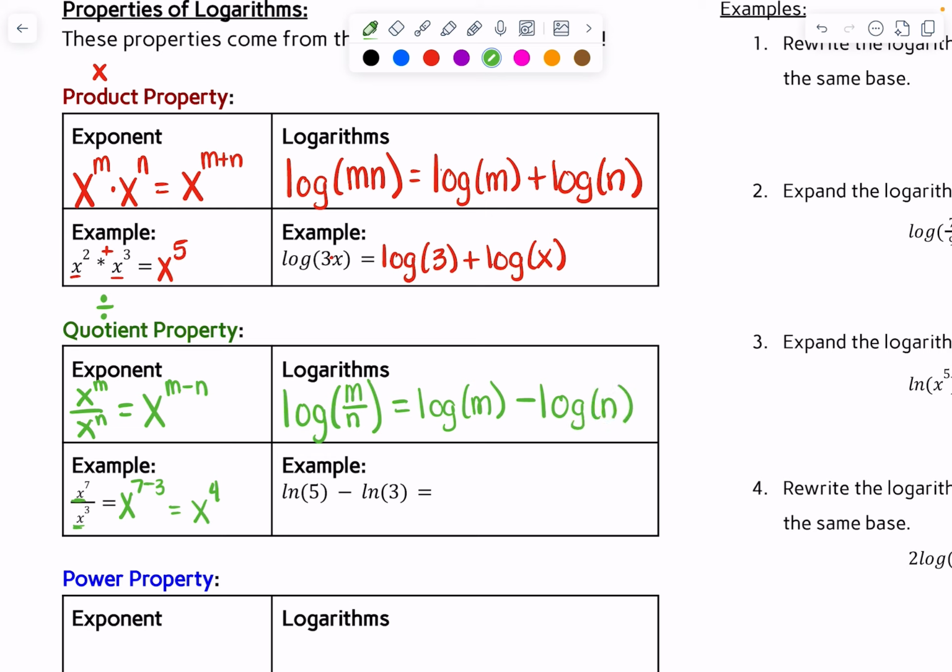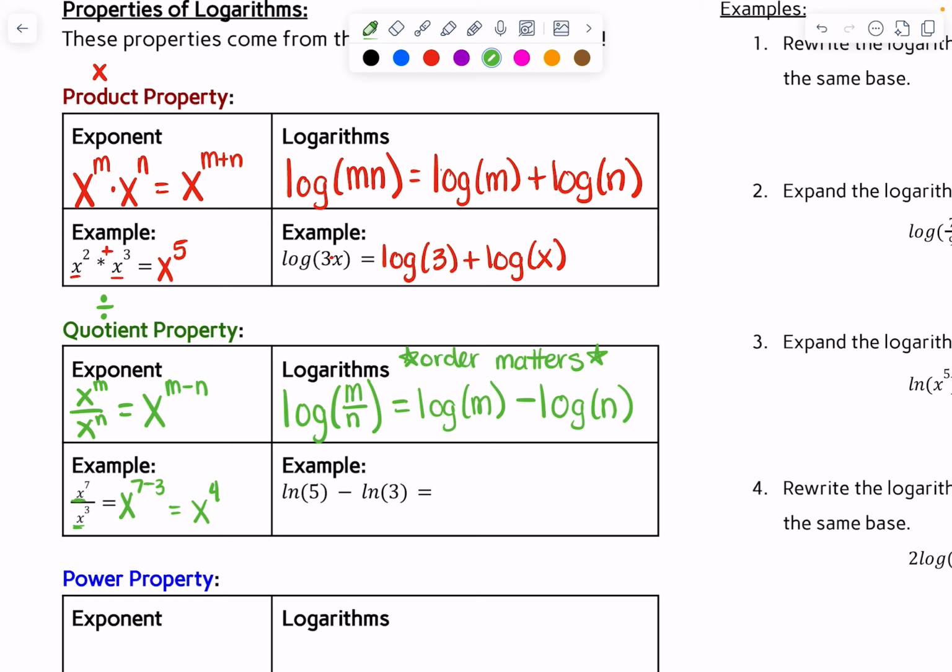So the order here does matter. Let's write that down. The order matters because subtraction is not commutative, which means the order does matter. 3 minus 5 is not the same as 5 minus 3. So we just need to be careful with our order.